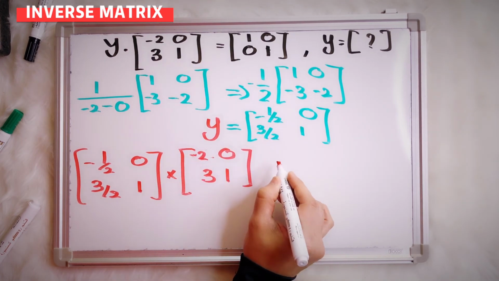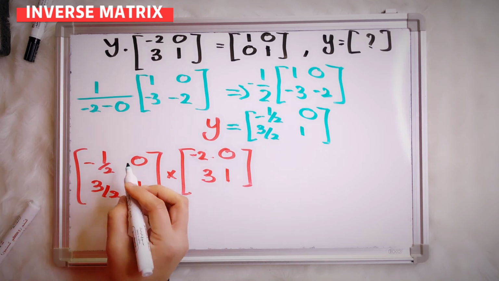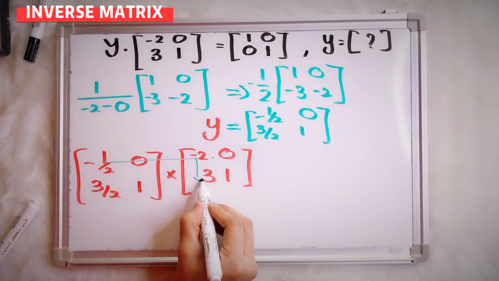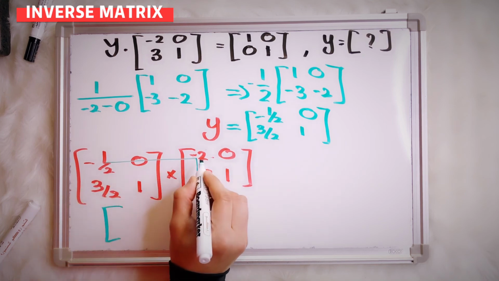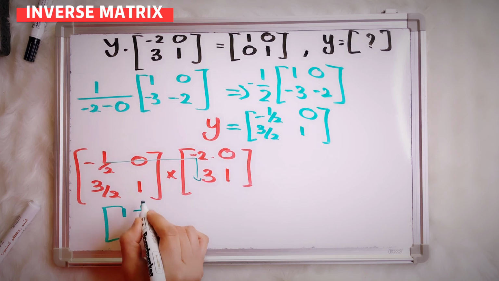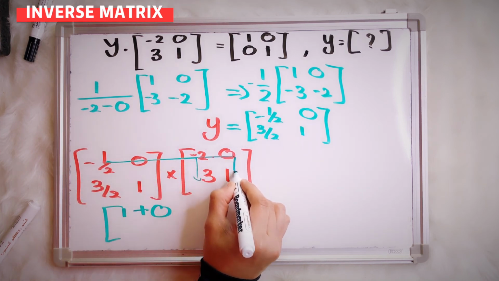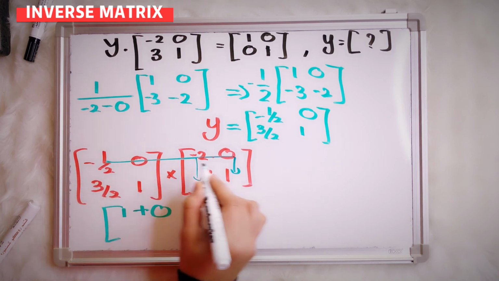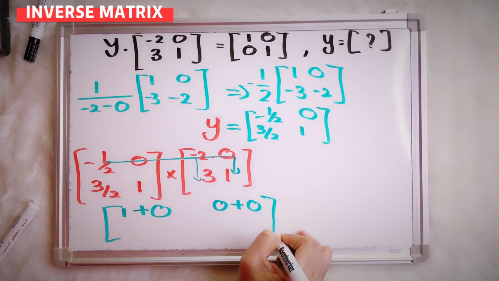Okay. So now, okay, let's check. So here and here we have negative 1 over 2 and 2 we have 1, correct? Okay, so plus 0. Okay, next one. So here we have 0 plus 0. Okay, here.